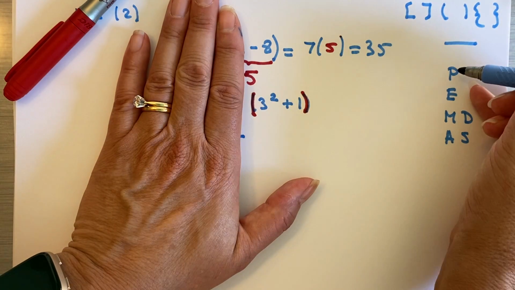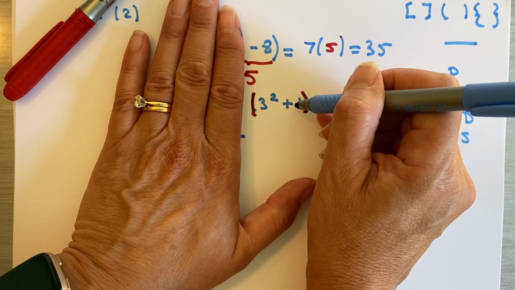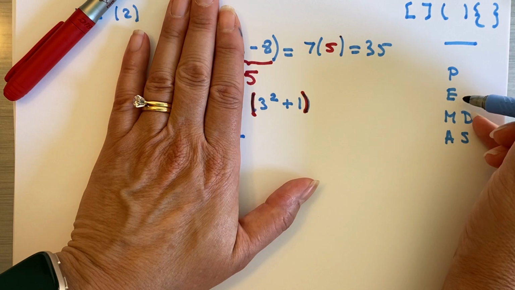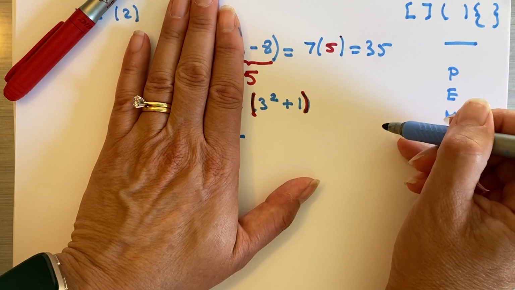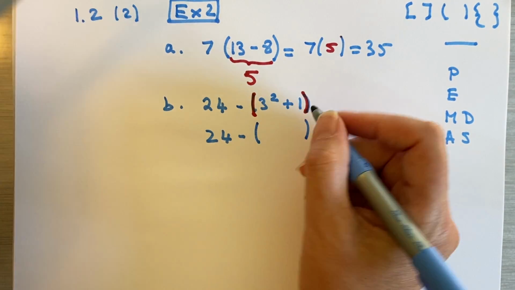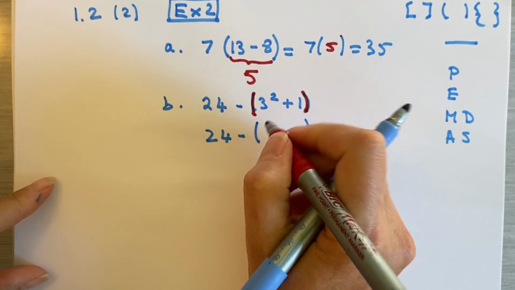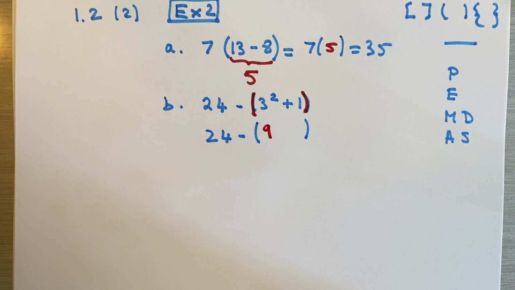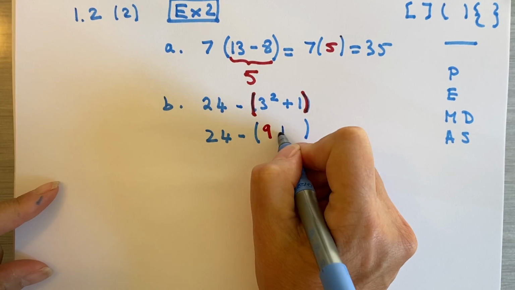So then I go through PEMDAS again. Is there another parentheses in there that I should go through? Nope. But there is an exponent, and so it's next in my sequence. I need to do that before I do any addition. So I'm going to do my exponent next. It's going to be 9 plus 1.